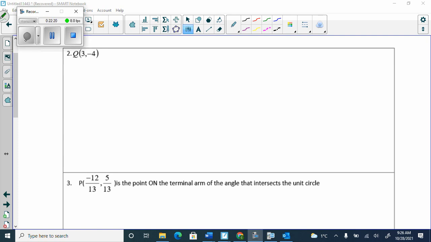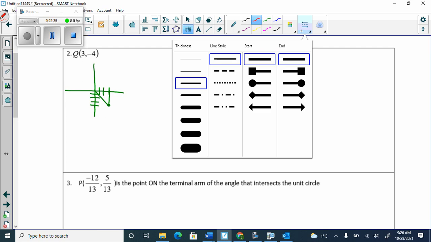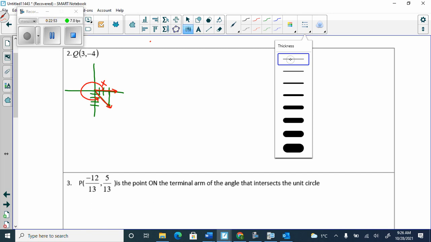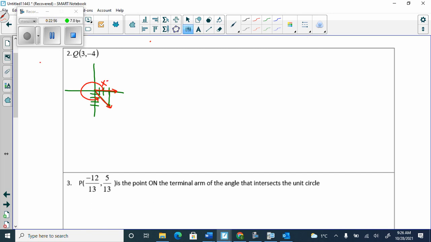So this one we would draw first. So we have 1, 2, 3, 1, 2, 3, 4. So I know that that's my triangle. I know that this is my rotational angle. Correct? When I look at the triangle, I have x equals 3.